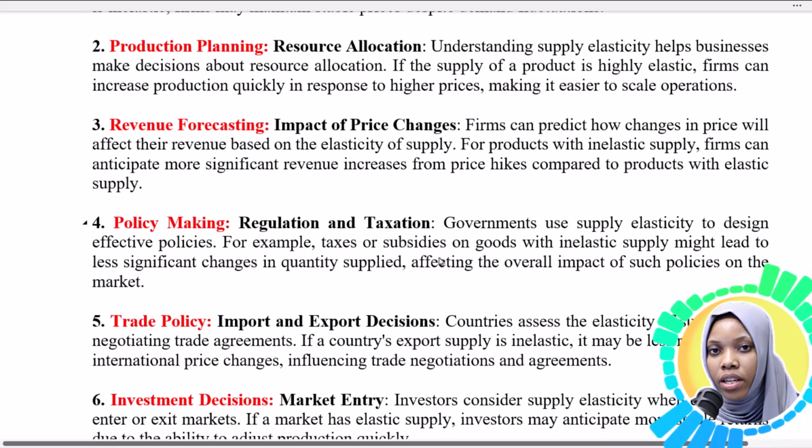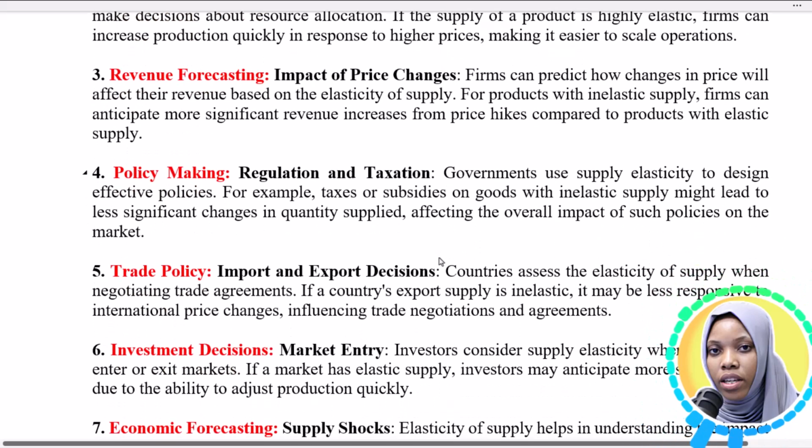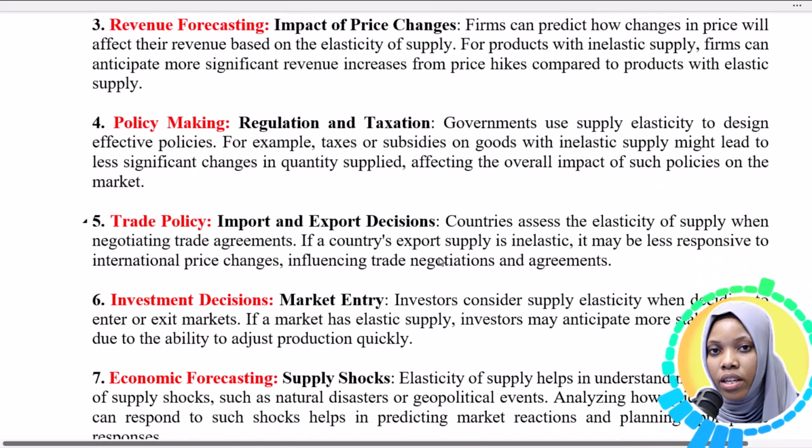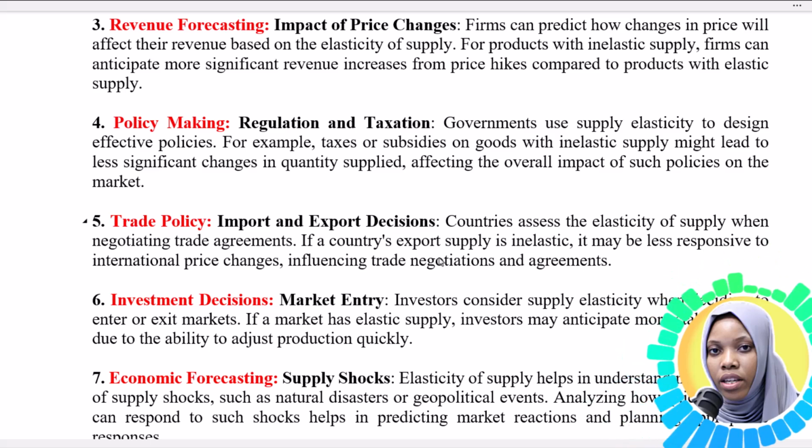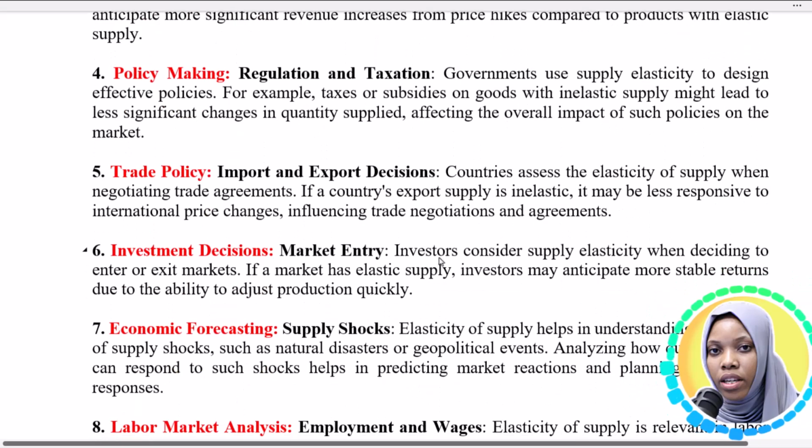Another application is in policy making, that is the government and taxation. Then there's the trade policy, import and export decisions. Countries assess the elasticity of supply when negotiating trade agreements. And then there's the investment decision. Investors consider supply elasticity when deciding to enter or exit the markets.